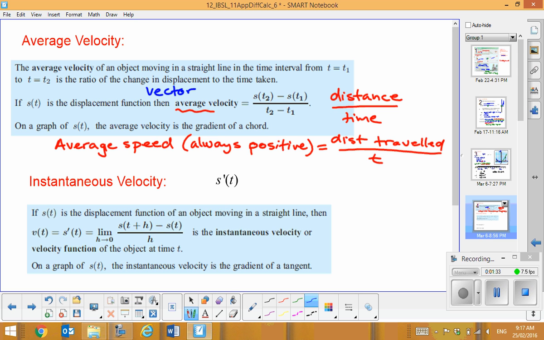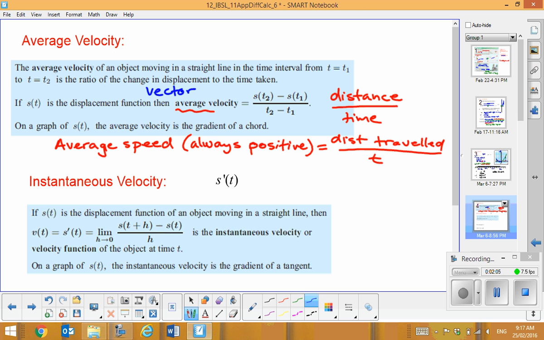Why is it not just speed? It is talking about the change of distance, but because we've been using this displacement function, we've got a positive and a negative, which tells us about our direction. If I'm walking to the right, I'm getting more positive. So how do I talk about going that same speed in the negative direction?